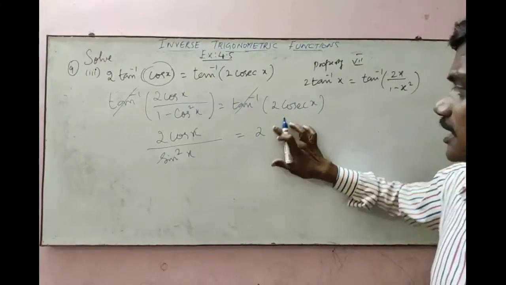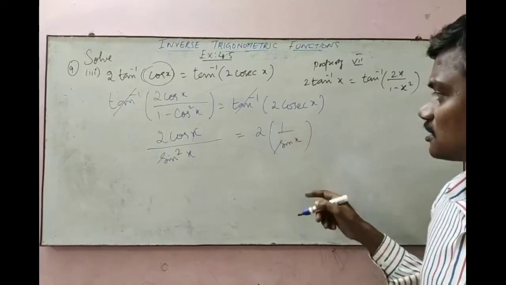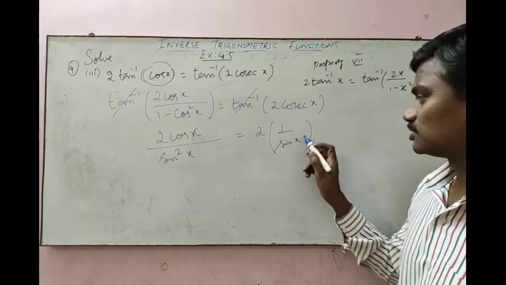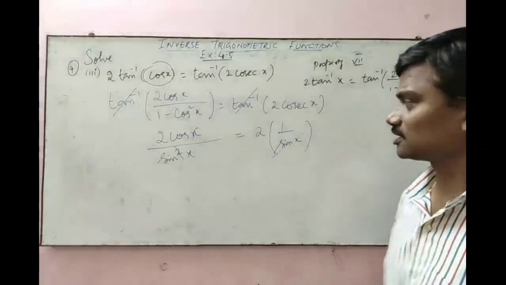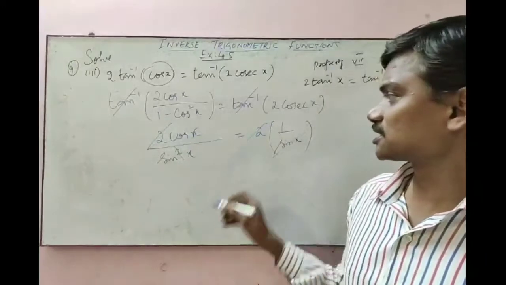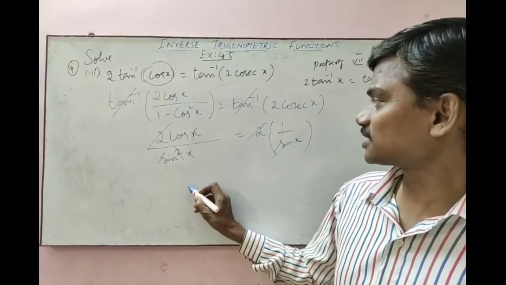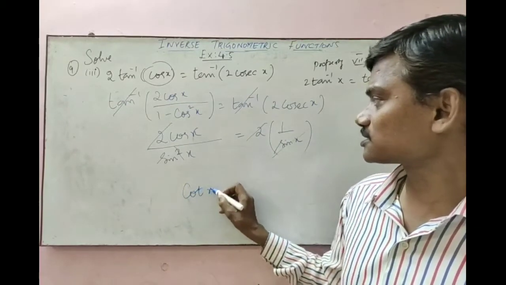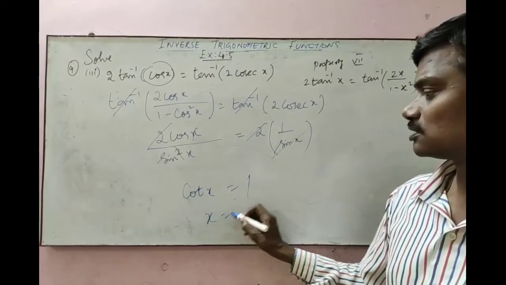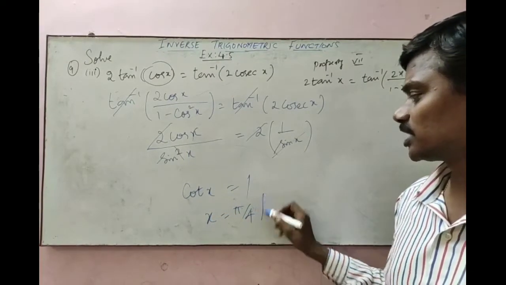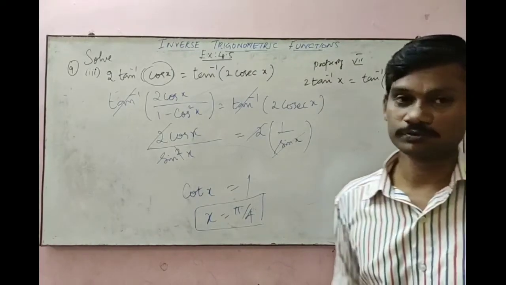You can write the cosecant x as 1 by sin x, because cosecant is the reciprocal of sin. You can cancel one sin, and the 2 also gets cancelled. You will get cos by sin, which can be written as cot x. Cot x is equal to 1. Cot of which degree is 1? Cot 45 degree, pi by 4, is 1. So the answer is x is equal to pi by 4.